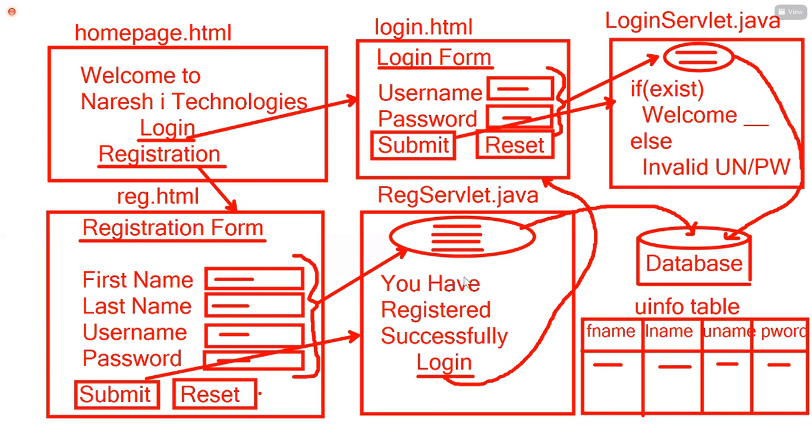In this program, we wrote HTML code, Java code, SQL code. 3 languages we wrote. Here, JDBC code is also there, Servlet code is also there. HTML, JDBC, Servlet, SQL.